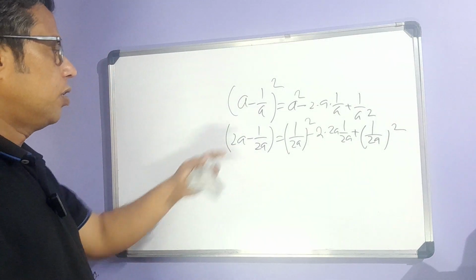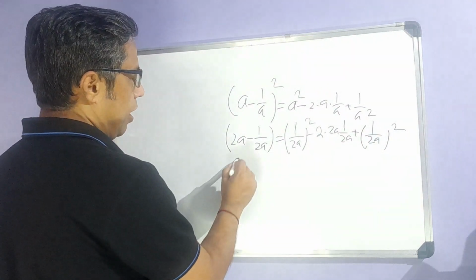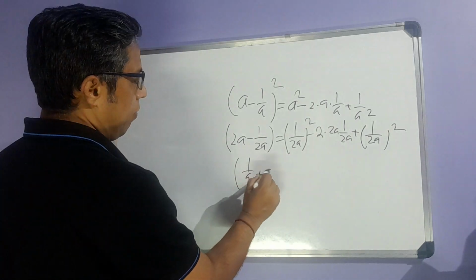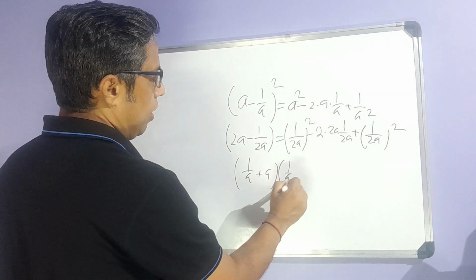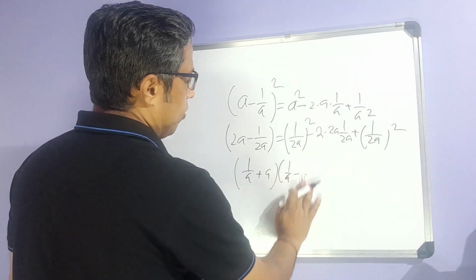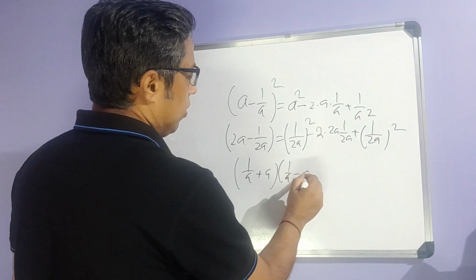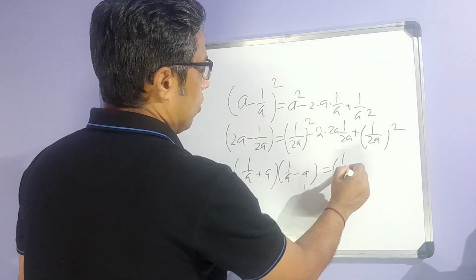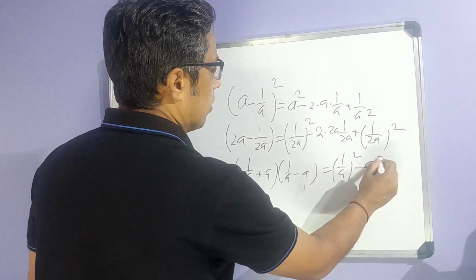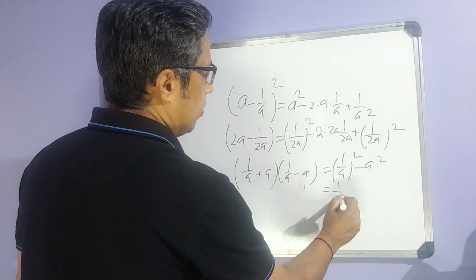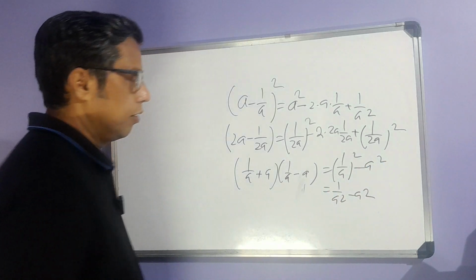So you have to be very comfortable with these operations, like 1 by a plus a into 1 by a minus a. So this will be 1 by a square minus a square.